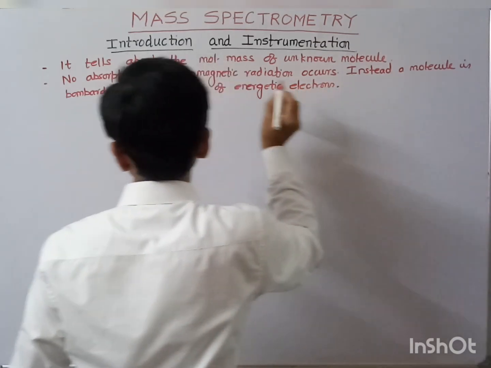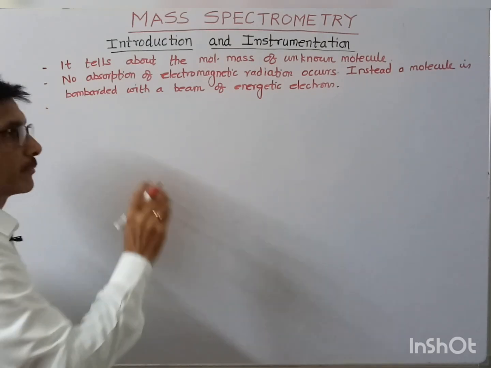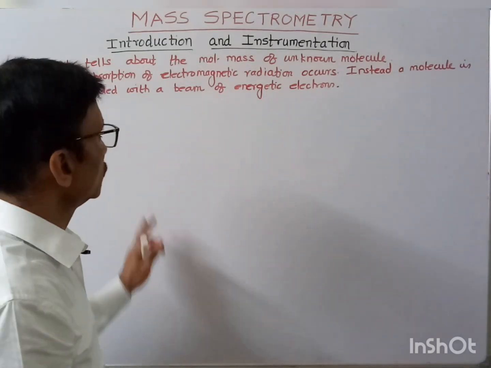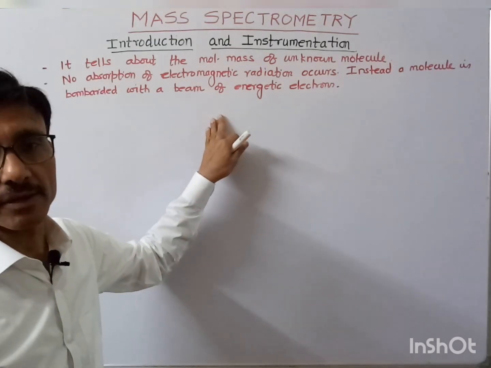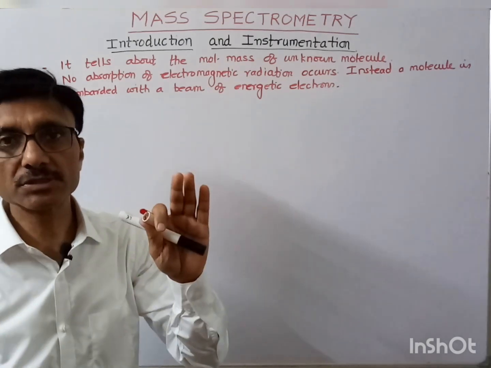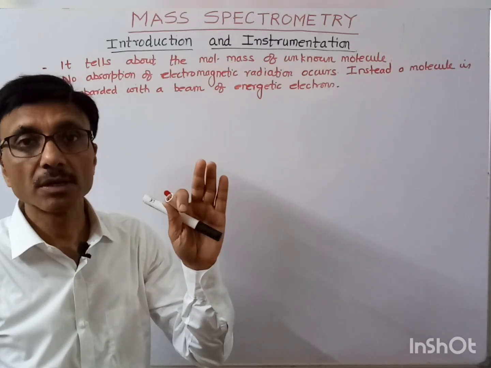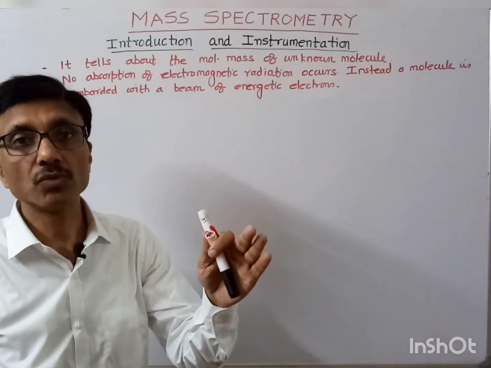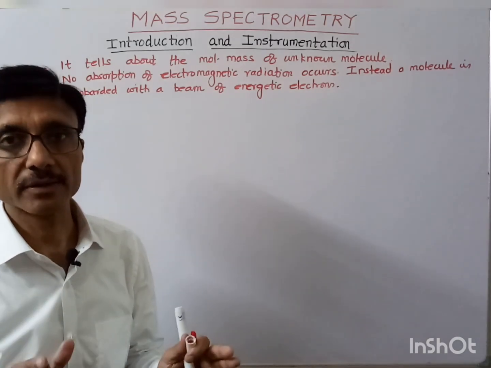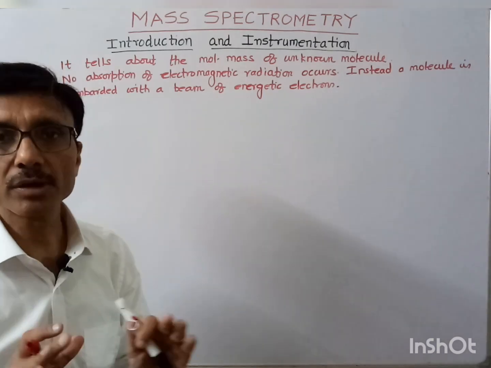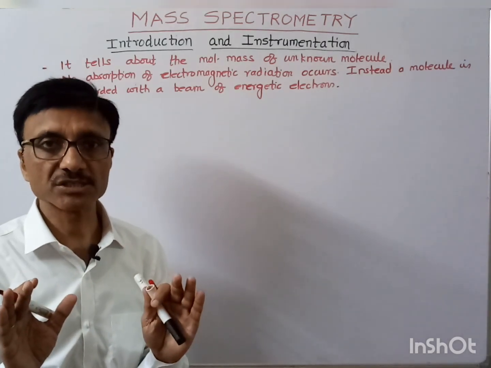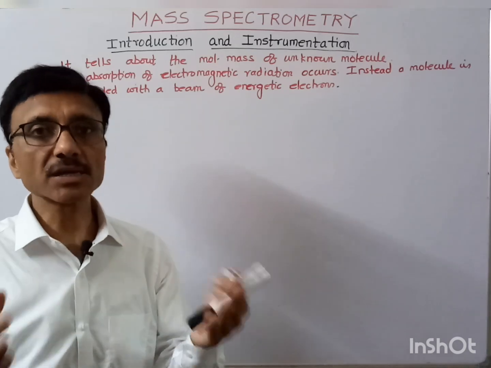Next, one of the important points, later we will see in detail also: the mass spectrometer only observes any molecule in the form of cation. Means a neutral molecule is not observed by the mass spectrometer, or anions are not observed.